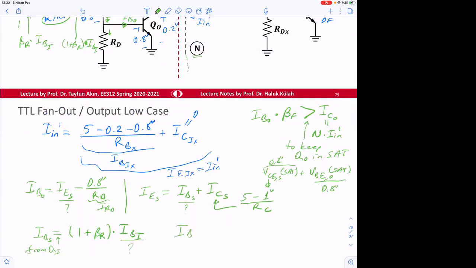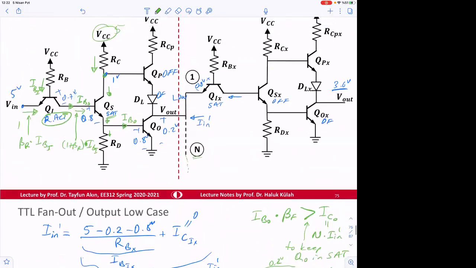What is IBI? IBI is easy to determine. We need to find this voltage here, and this is 5 volts. So 0.8, 0.8, that means 1.6 plus 0.7, 2.3. So this voltage is 2.3 volts.